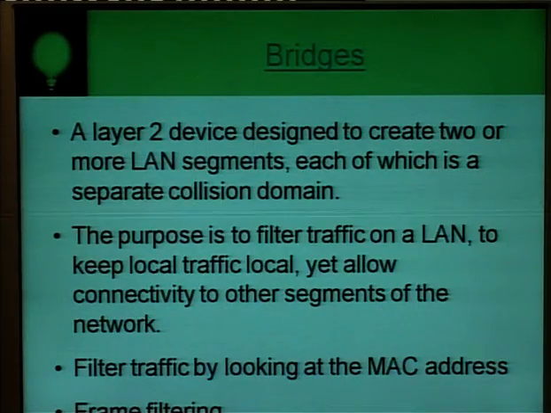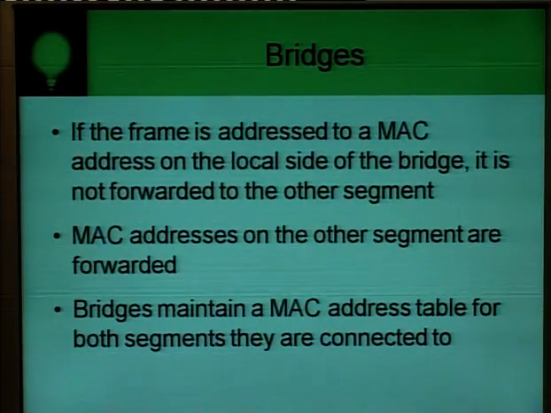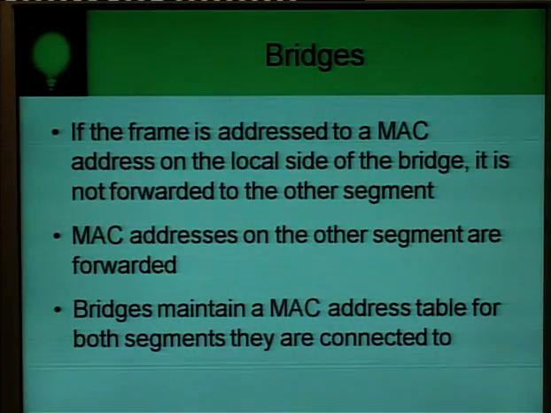So this bridge is designed to create two or more LAN segments, which are at geographically two different stations. If the frame is addressed to a MAC address on the local side of the bridge, it is not forwarded to other segments, and MAC addresses on the other segments are forwarded.